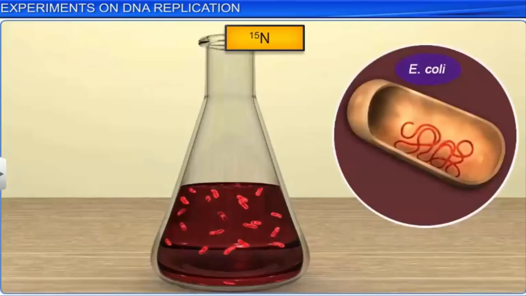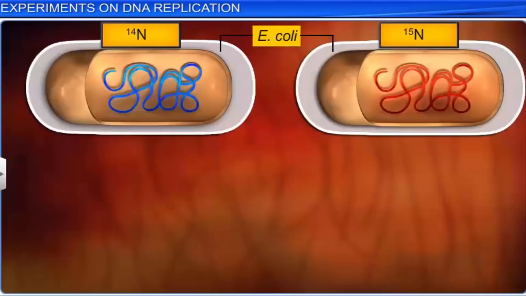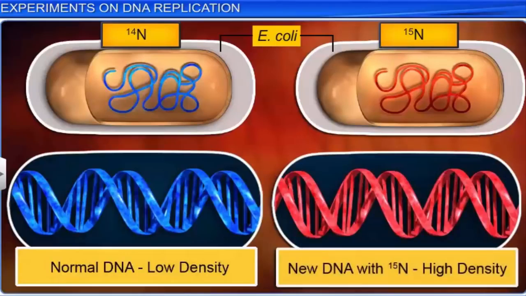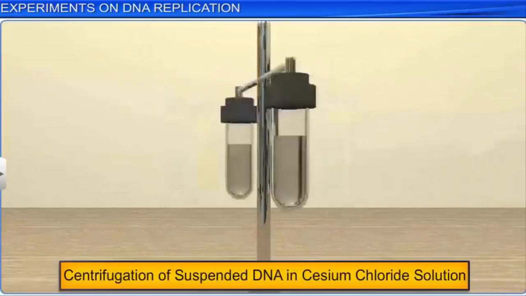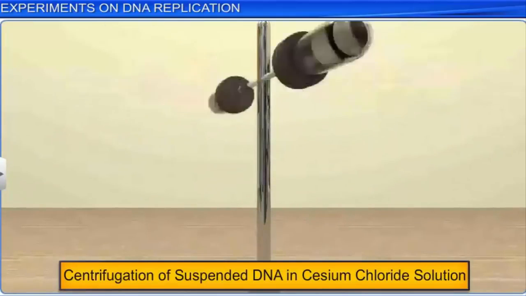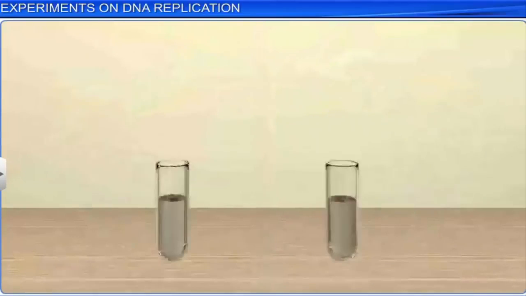As a result, newly synthesized DNA too had the N15 isotope as a constituent of purines and pyrimidines. This new heavy DNA molecule was distinguished from normal DNA by virtue of its high density while being extracted via centrifugation in a cesium chloride or CsCl density gradient.